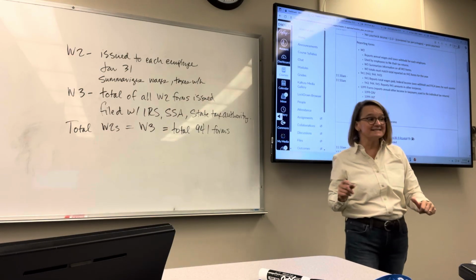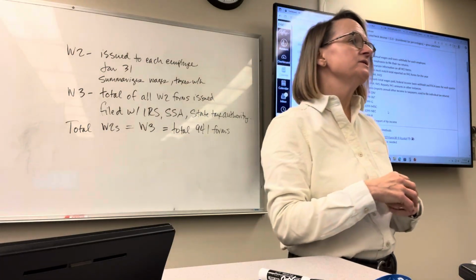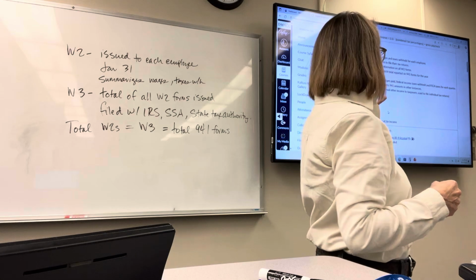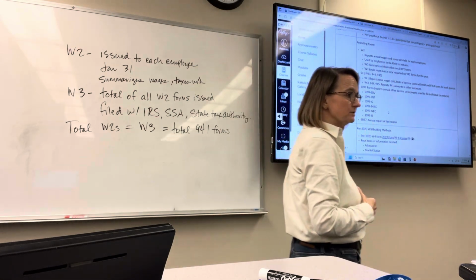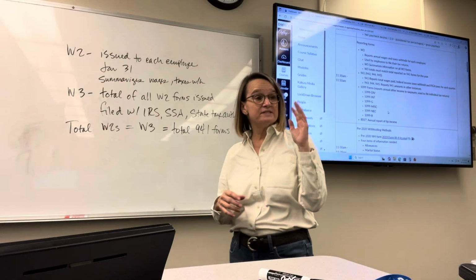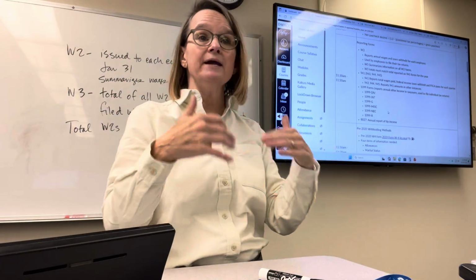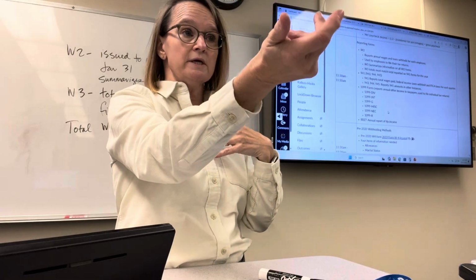1099 NEC is for non-employee compensation, which is that independent contractor income. Now the threshold for reporting on a 1099 NEC is $600. So if an individual receives $600 or more from a single payer, remember the threshold applies to the payer. Did the payer pay $600 or more to this individual during the year?